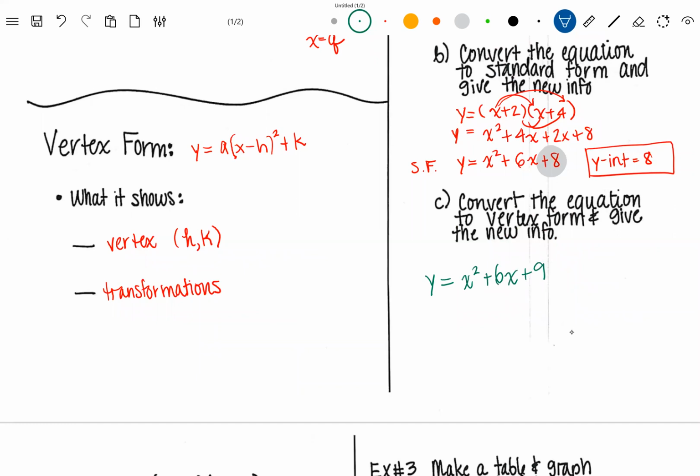This is a perfect square trinomial because if I take half of 6 and square it, I get that last number. If I take half the middle number, square it, I get the last number. So 6 divided by 2 is 3, 3 squared is 9. This is a perfect square trinomial, and it could be rewritten like this.